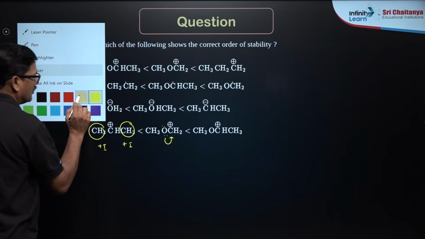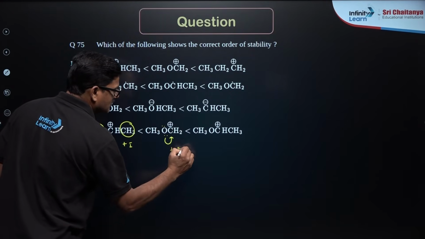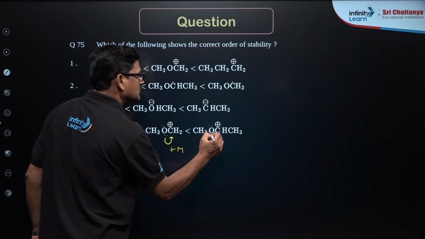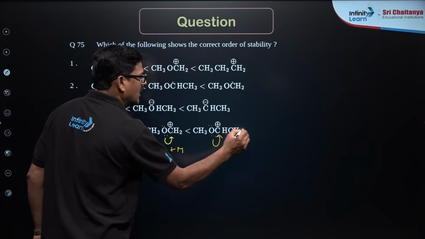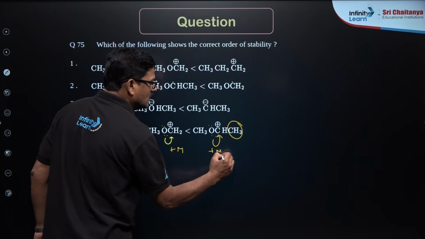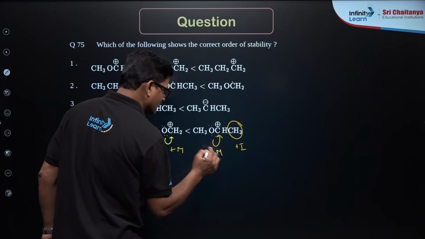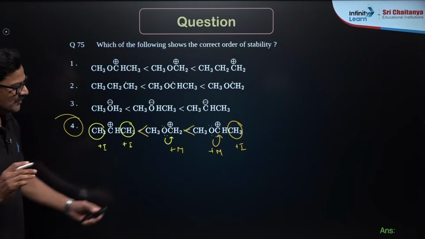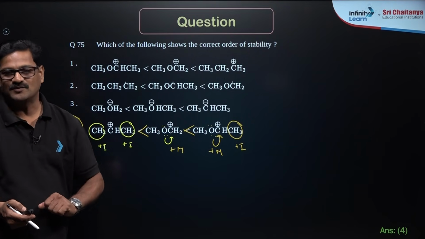This is showing positive mesomeric effect. And here you can see positive mesomeric as well as positive inductive effect. Therefore, this is going to be more stable as compared to this. So, option 4 is the correct answer for this question.